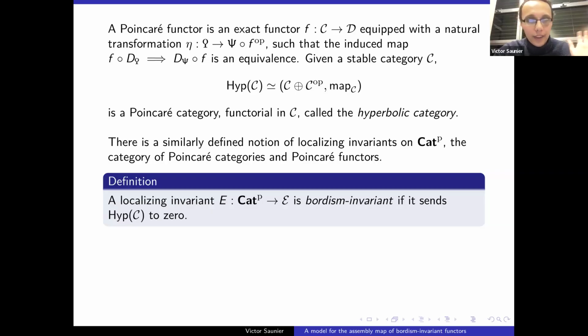So if you think about those Qn guys as categories of cobordism, because they are categories of cospans, then being bordism invariant is just not seeing the difference between cobordisms in C, and cobordisms of cobordisms, and so on, because you kill the only difference, this hyperbolic guy, between the Qn and the Qn minus 1. Qn minus 1 being cobordisms in Qn.